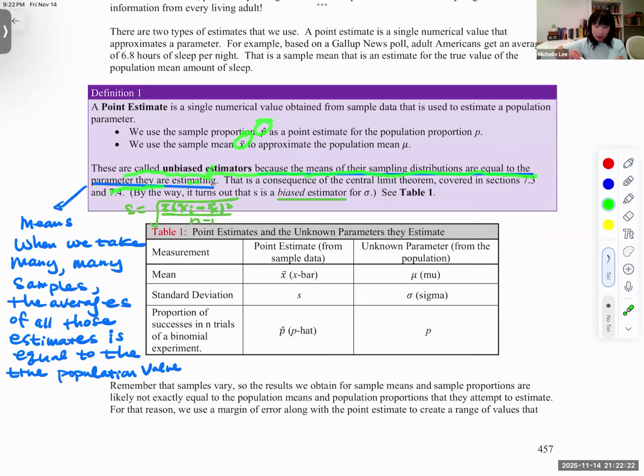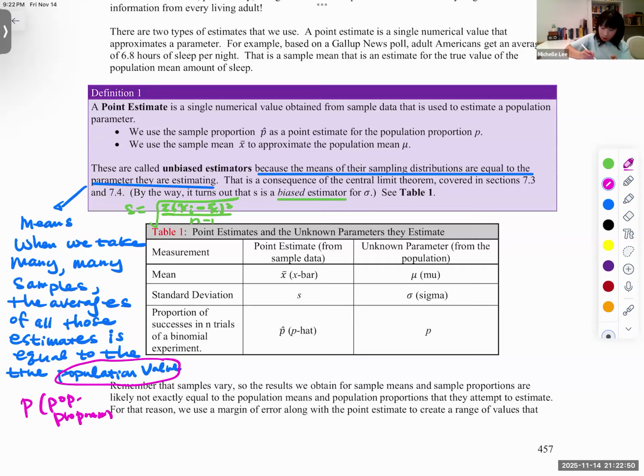What does this mean? When you take many samples, the average of all those estimates is equal to the true population value. That is P, the population proportion, or mu, the population mean, right? That's the true population value.